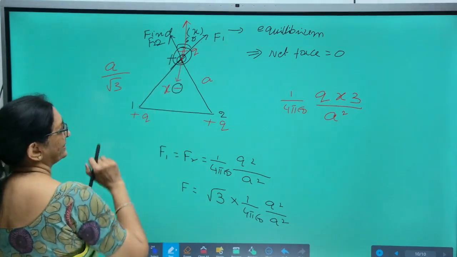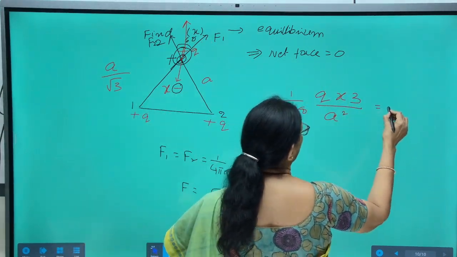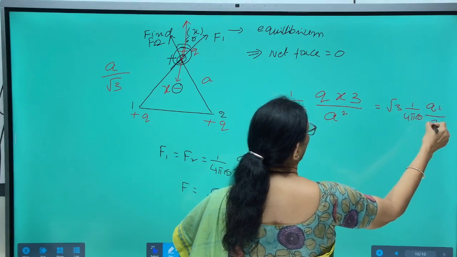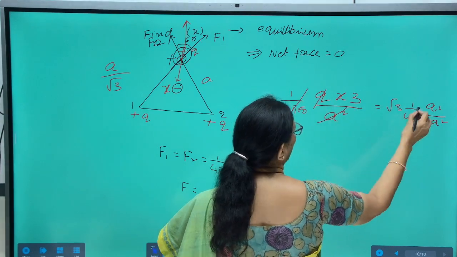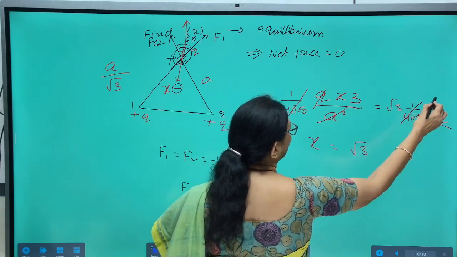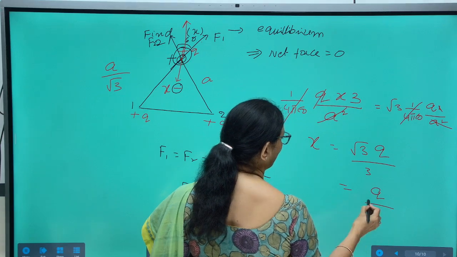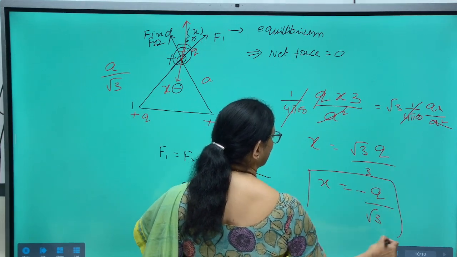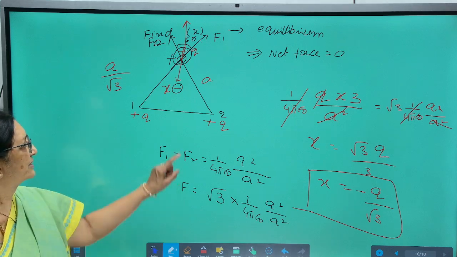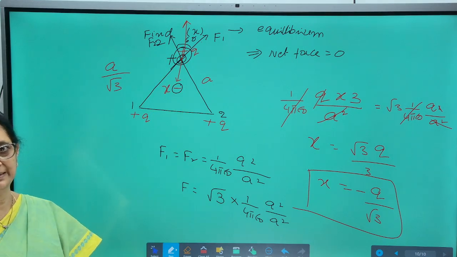So, this distance square is a square by 3, that force must balance the net force, that is root 3 times 1 by 4 pi epsilon naught q square by a square. 1 by 4 pi epsilon naught q by a square gets cancelled. X is equal to root 3 q by 3, or it is q by root 3, and it has to be negative. So, the charge placed at the center of that equilateral triangle so as to keep that system in equilibrium is minus q by root 3.